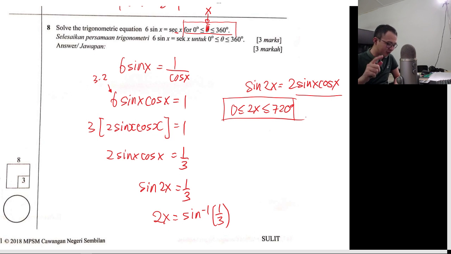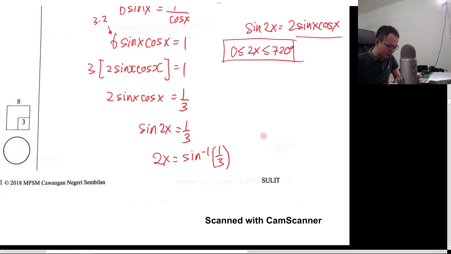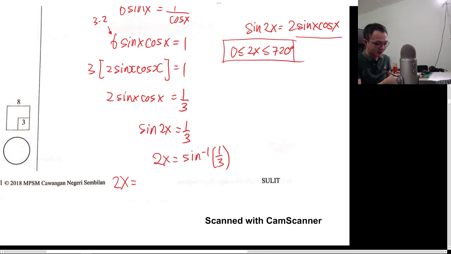Then for my final answer, I want to find x, right? Then all my x here, I'm going to divide by 2. So you're going to see what happened here. Of course, I want to find my first angle first. So I shift sine 1 over 3. You type in the calculator, you should get 19.47.